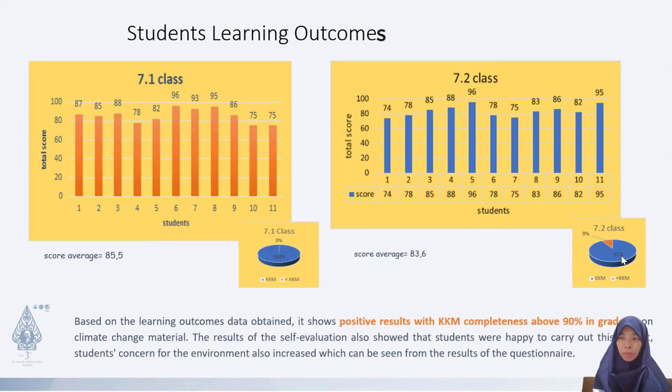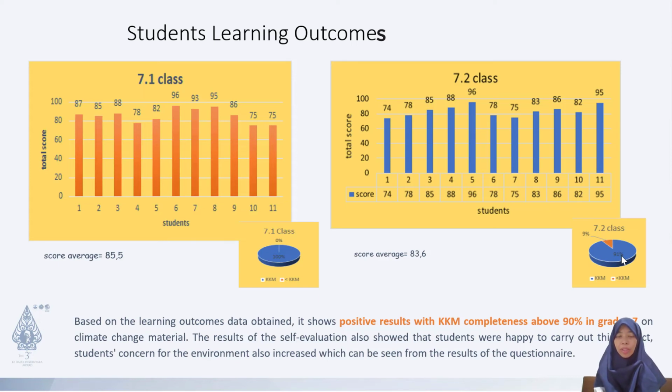The student learning outcome. Based on the learning outcomes data obtained, it shows positive results with KKM completeness above 90% in grade 7 on the climate change material.